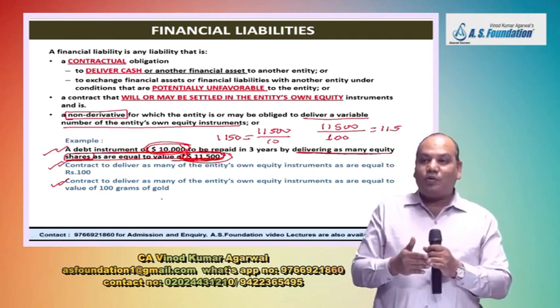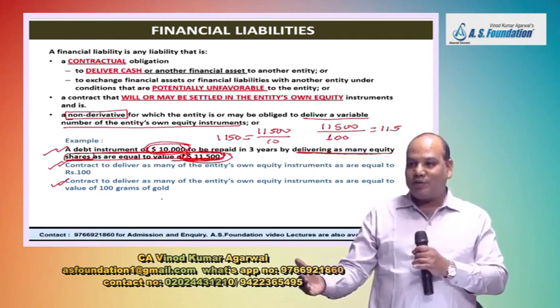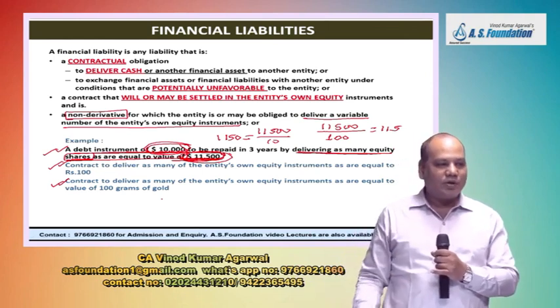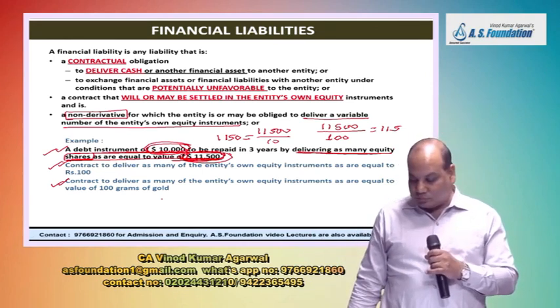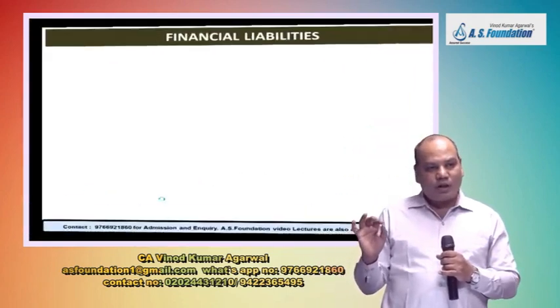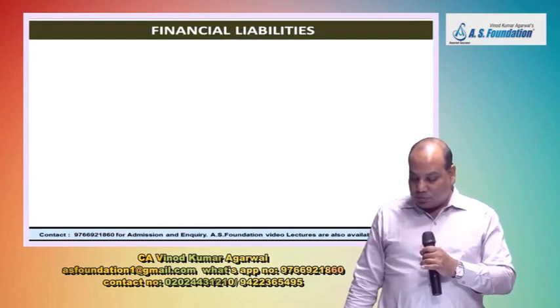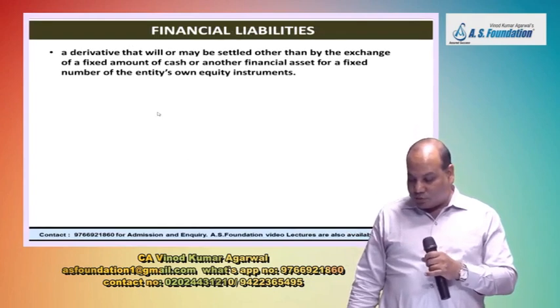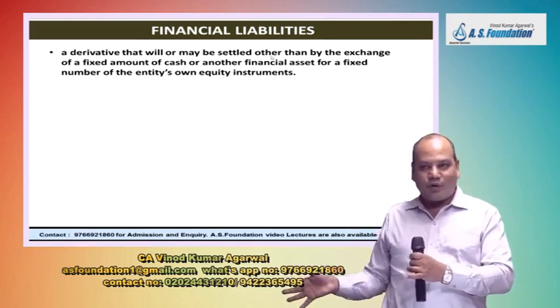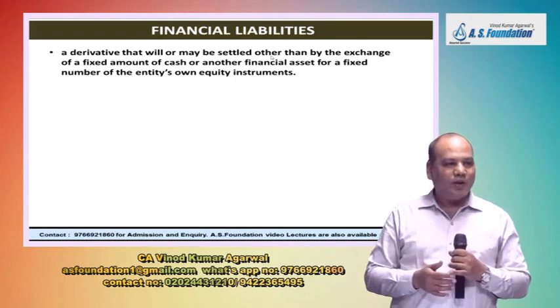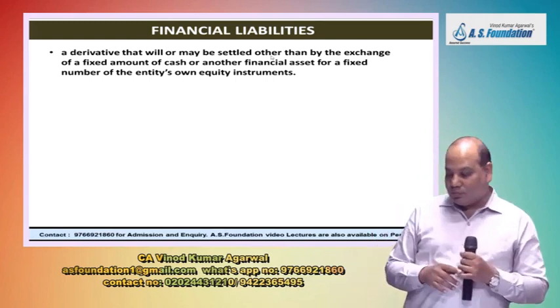If 100 grams of gold is worth 3,50,000, you have to issue more shares, like this. So a variable number of shares is being issued. This kind of question can come only as a theory question of 2 to 4 marks. Or they can ask you some simple question: identify out of the following contractual obligations which of them would be a financial liability.